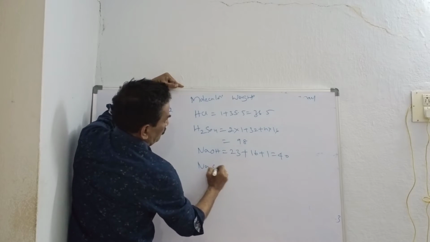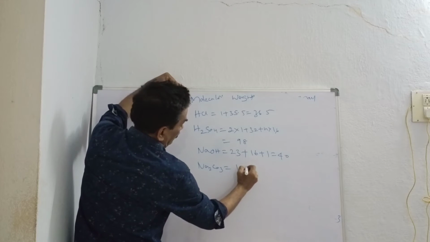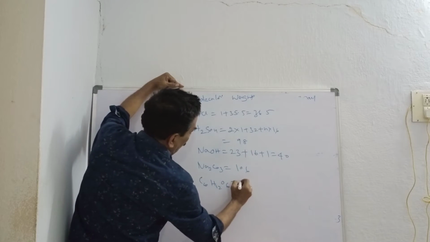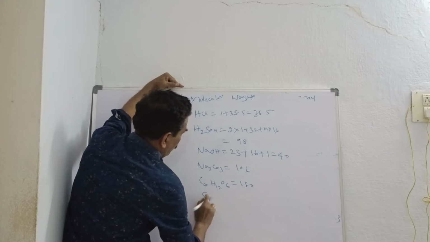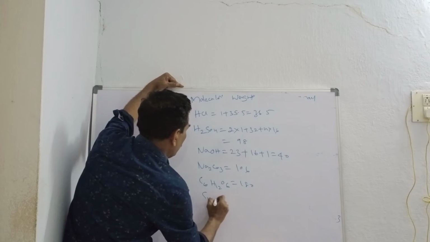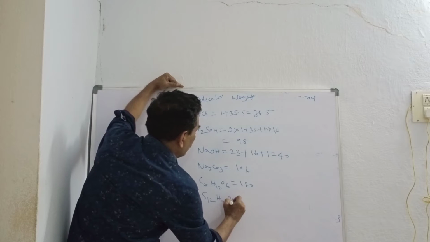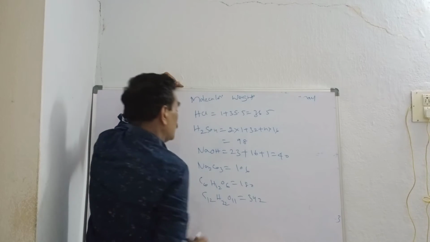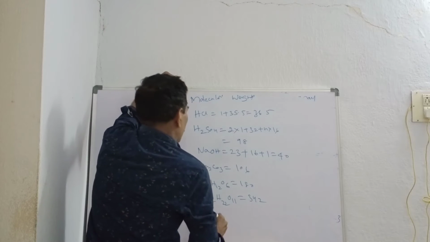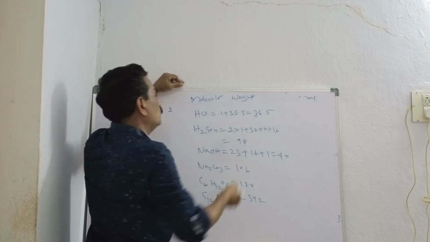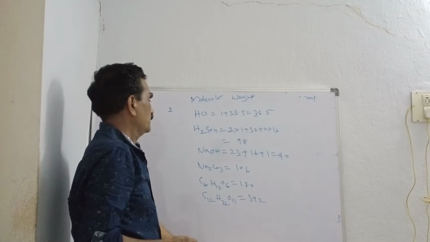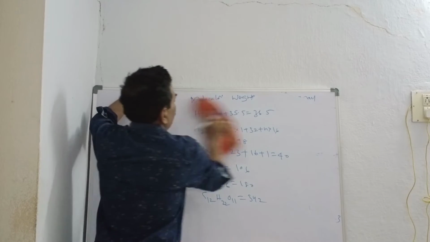Na2CO3 is 106, glucose C6H12O6 is 180, sucrose C12H22O11 is 342. If you kindly observe it, you can take this like this.